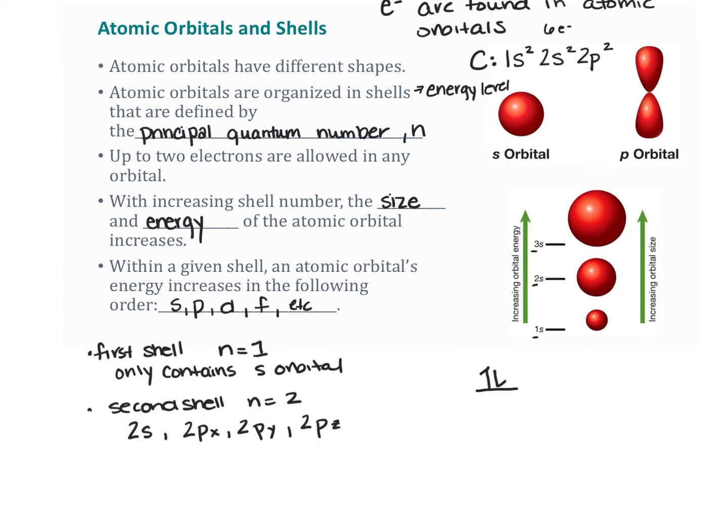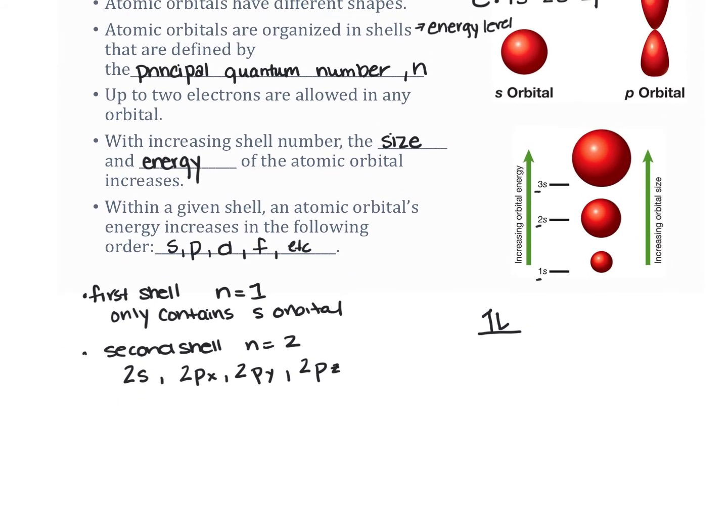Now, I want you to notice this first shell can only contain 2 electrons. There's only one orbital in the shell, and so that's called a duet. Now, this second shell, this can contain 2 electrons, this can contain 2 electrons, this one can contain 2 electrons, and this one can contain 2 electrons.